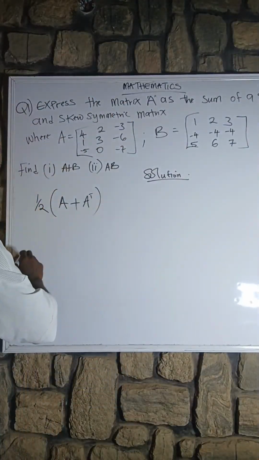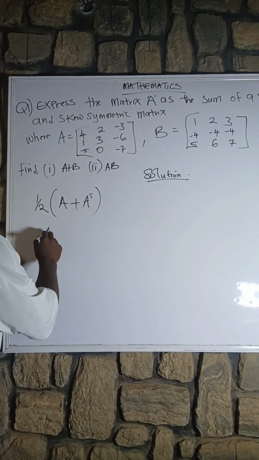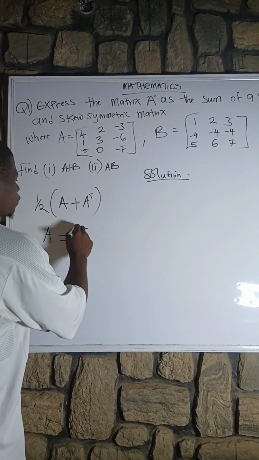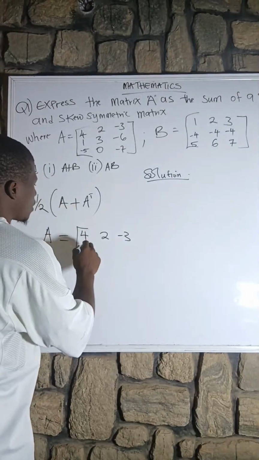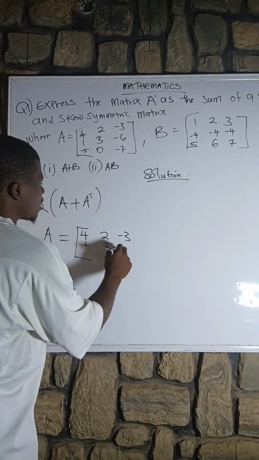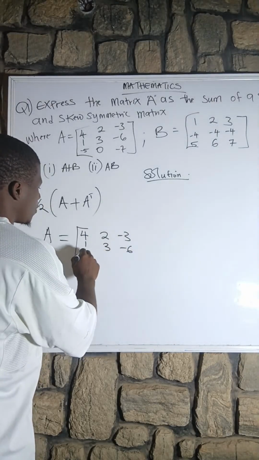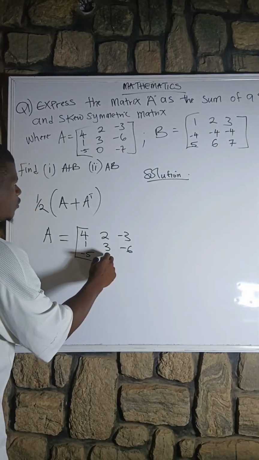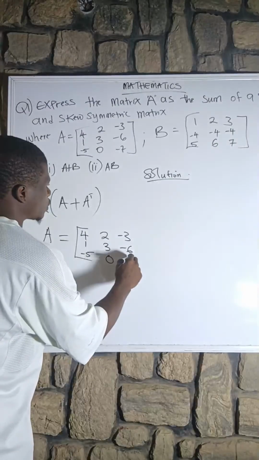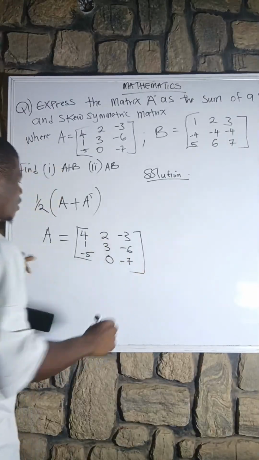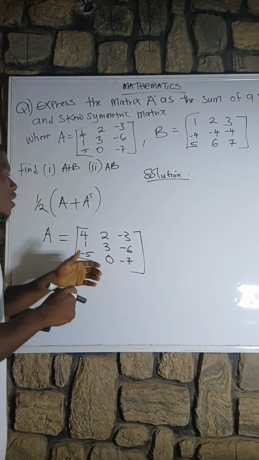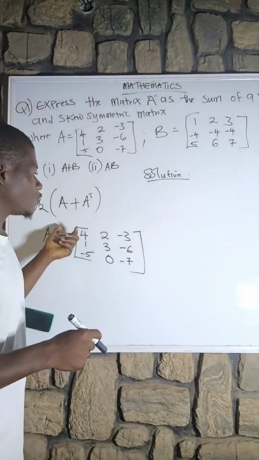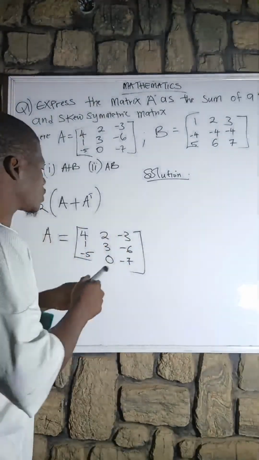Now, we have our matrix A equal to 4, 2, minus 3, 1, 3, minus 6, minus 5, 0, minus 7. This is our matrix A. Now, what is the transpose for this matrix?